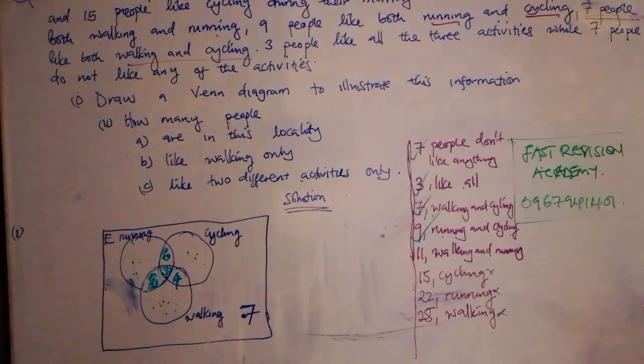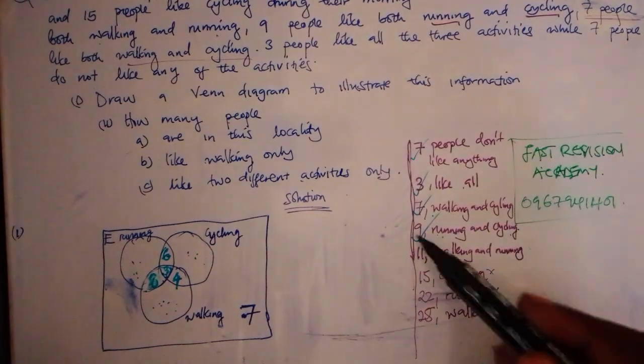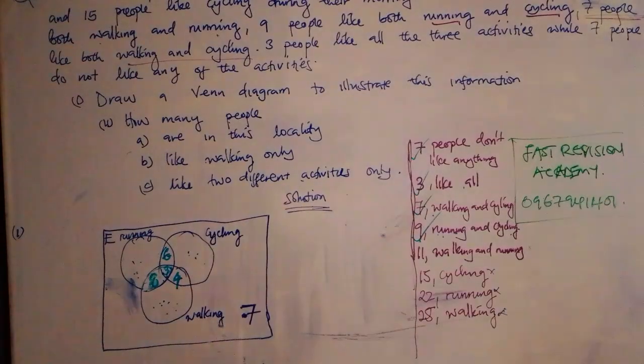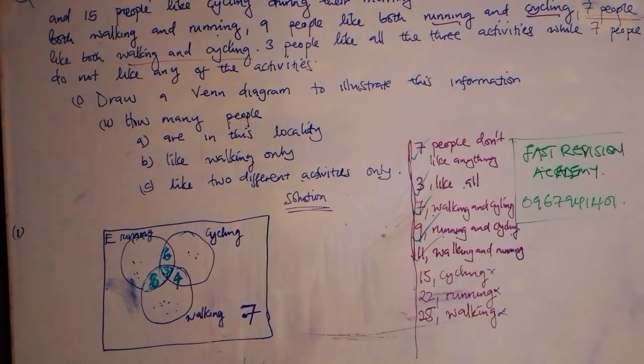Again, if you ask how many people liked walking and cycling, we have 4 plus 3, which is 7. That is how you enter these values in the subset.